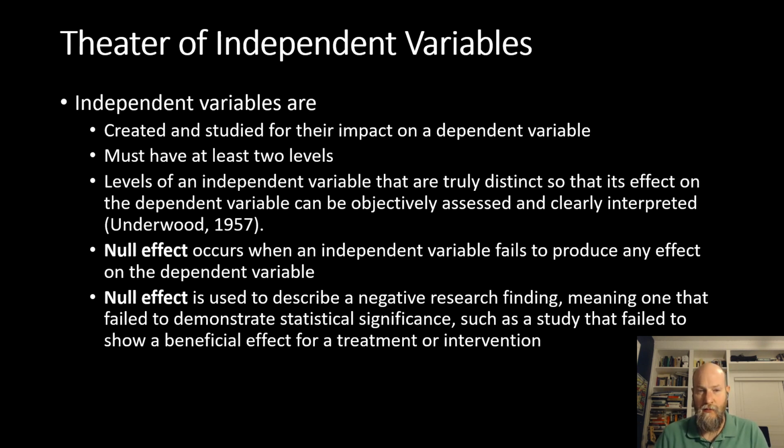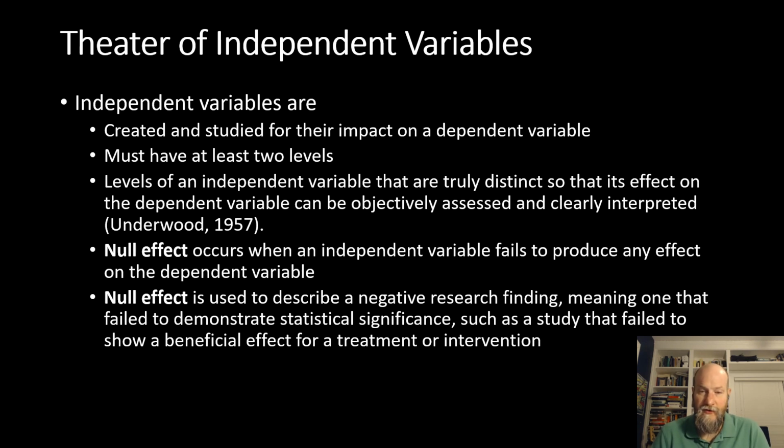This is kind of tied to this issue we've discussed much further back in this class about falsifiability. That a hypothesis, in order to be valid, must be falsifiable. That's a foundation of science. The null effect is essentially a falsified result. It's that there is no relationship between the independent variable and the dependent variable. It does not produce this causal effect on the dependent variable by manipulating the independent variable.